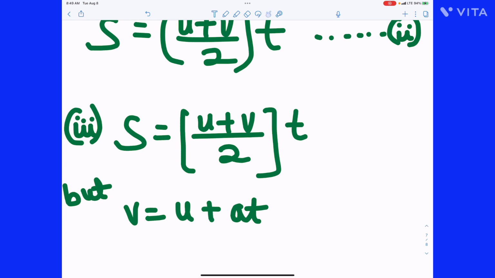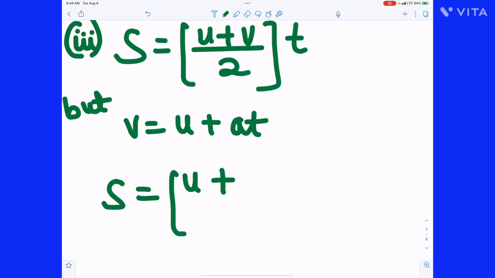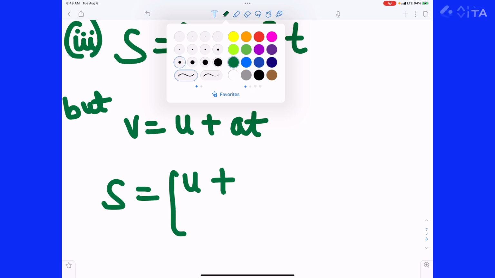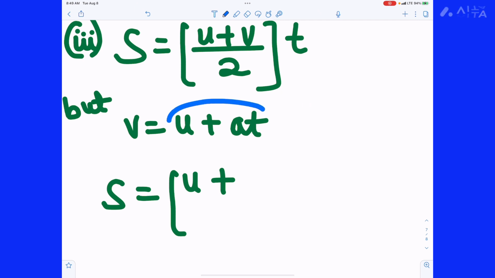So this place where I have s, I can put s is equal to u plus v over 2. Instead of writing my v, I can substitute for v by writing this expression for v.